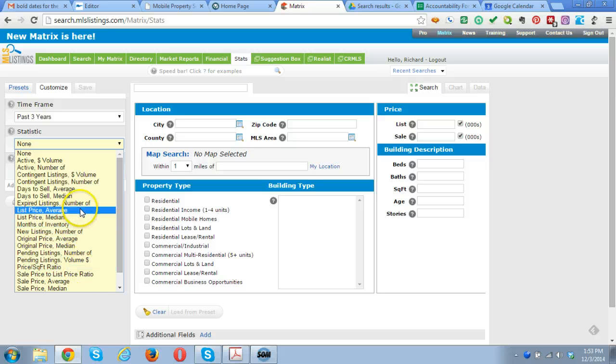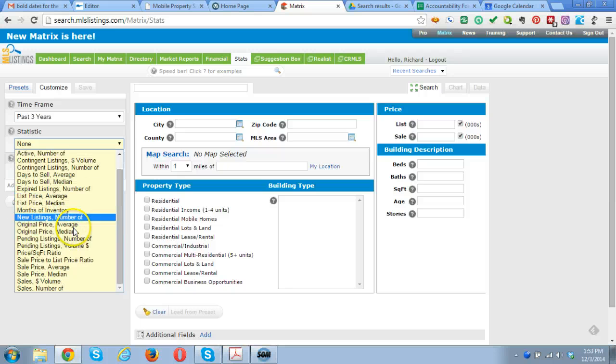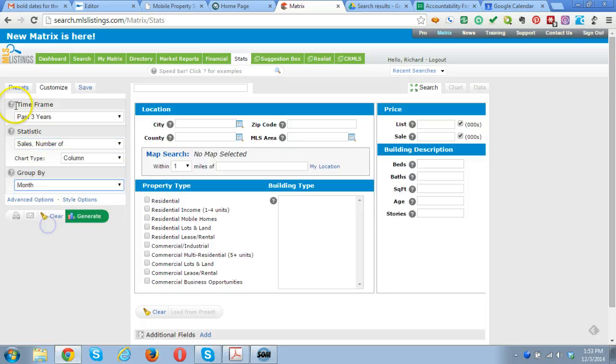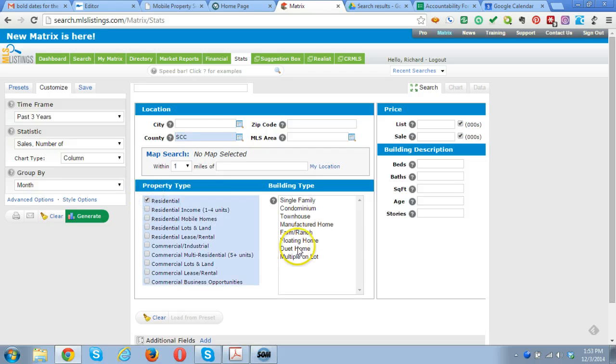And I want active days, months, original price, sales, number of, and I want it broken down by month, and I want Santa Clara County, and I want residential, which includes a lot of these things, which I don't really know if I care about.